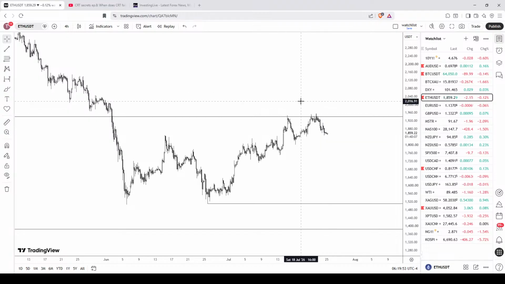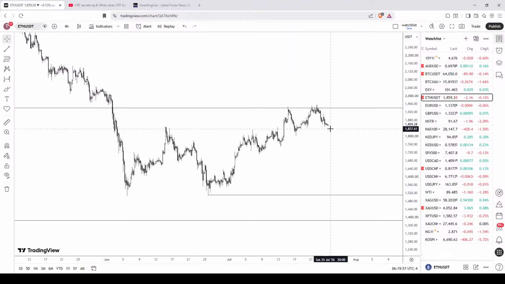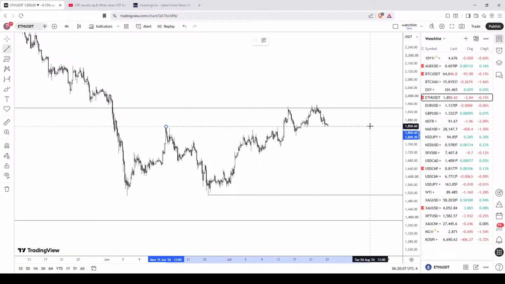How did we know it was a topping pattern? Well, my trade has failed. We've had an extended period of time to trade above that level, and we closed below that key level, and so that could be a tell.